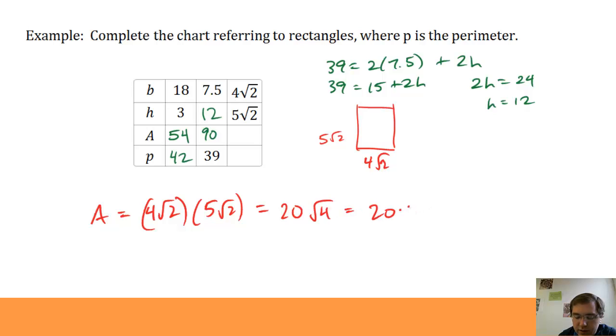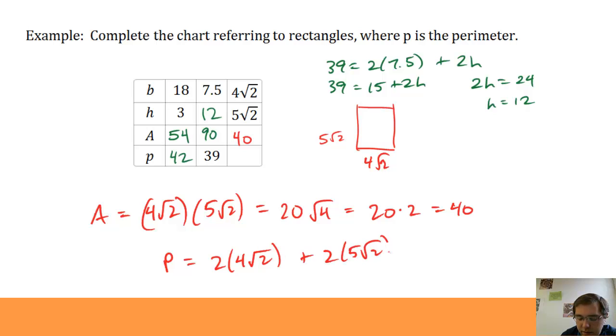The radical 4 is just 2, so this is just 20 times 2, which is 40. So that's the area. The perimeter, again, I'm going to take 2 times the base plus 2 times the height. So that will be 8 radical 2 plus 10 radical 2, which is 18 radical 2.